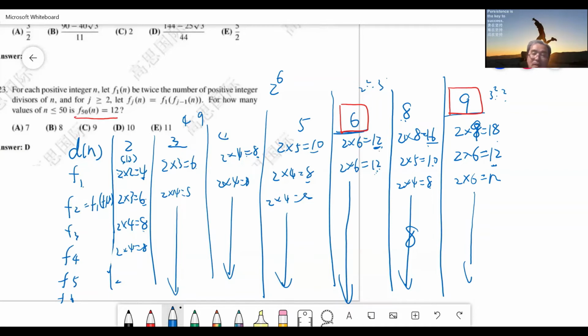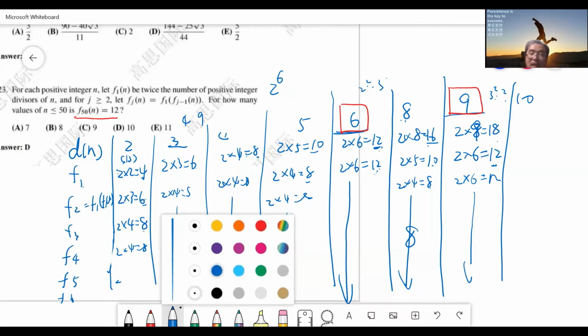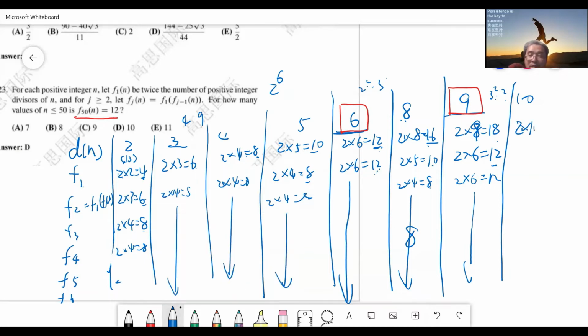Right, so now we look at 10 factors. If I have 10 factors, then we have 2 times 10, which equals 20. 20 is 2 to the power 2 times 5. So this has 6 factors.